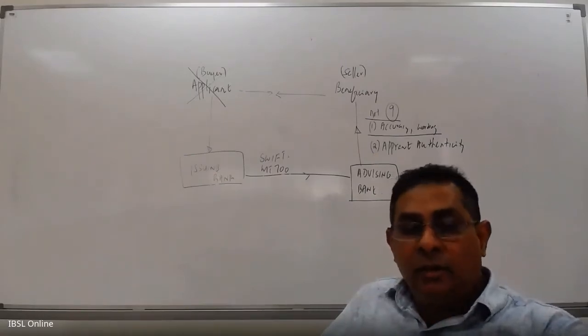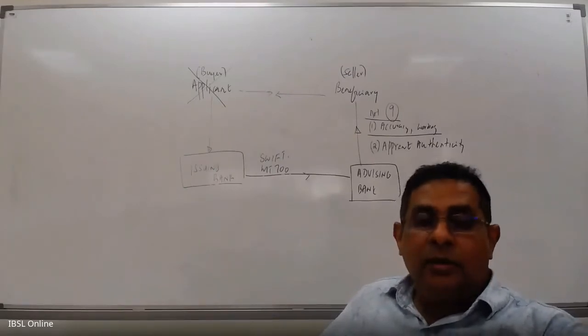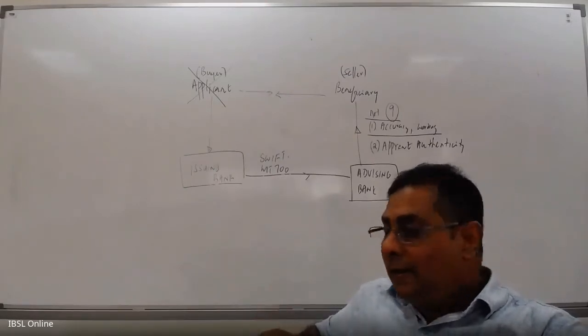Mostly it's the issuing bank. Right. So it's according to the cycle.